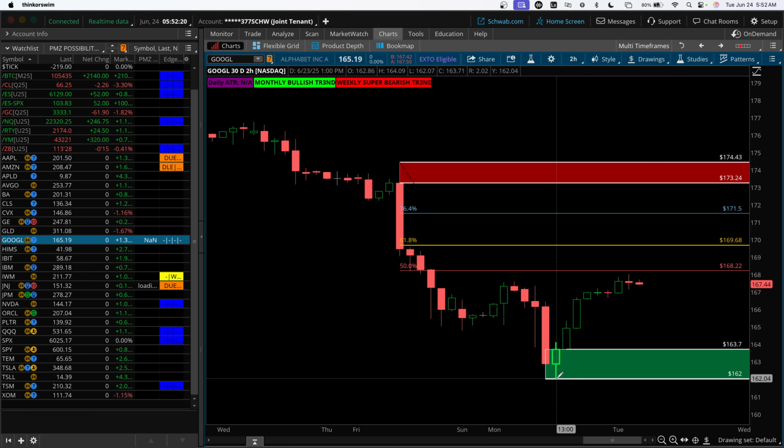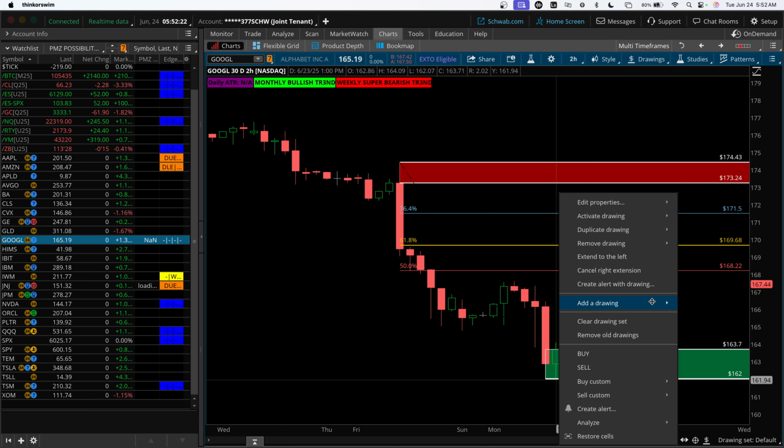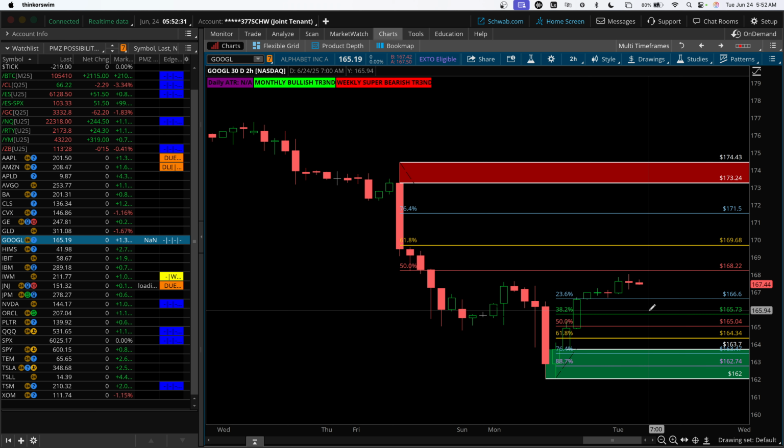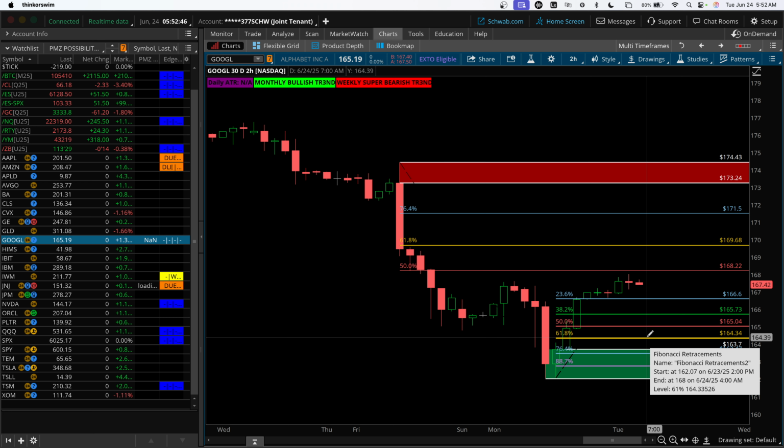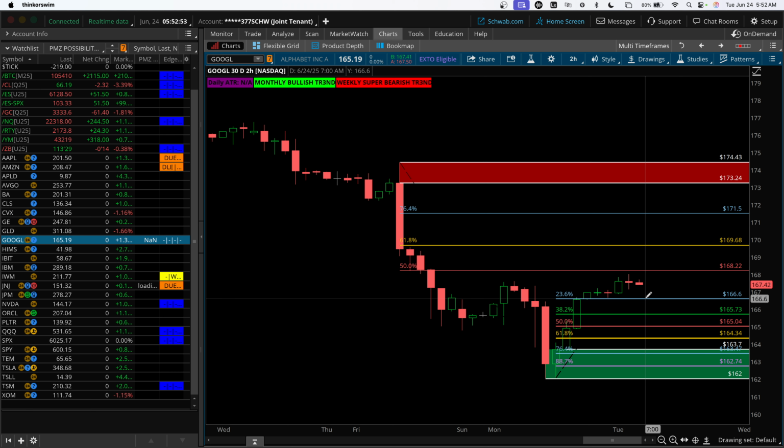Now, if I do the same thing with this secondary fib and measure this current up move on Google, it's going to give me scale targets on the way to my final target. Now, if you are okay with scaling out this many times, you can leave all the Fibonacci's on here. But for me, I would rather just concentrate on the 38.2, the 618, and the 887 when I have a very tight range.